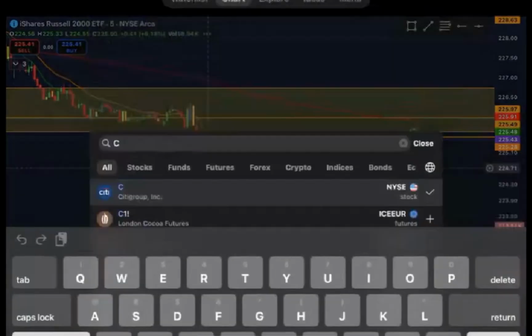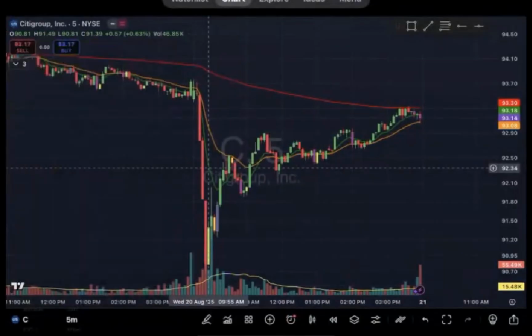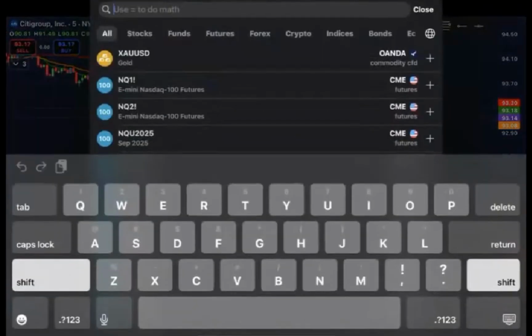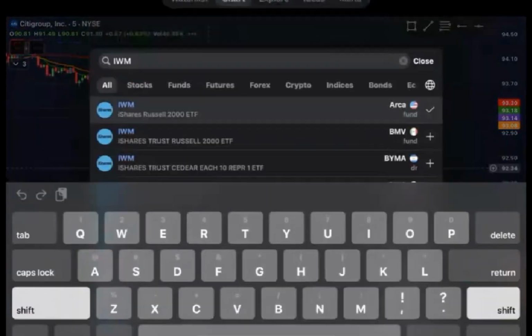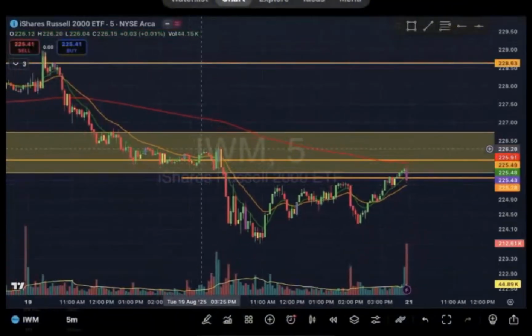I also called it in here. And the market for the IWM tomorrow, does it look like it's going to go down in your opinion? I don't call it at open and stuff like that. I'm reading price action.